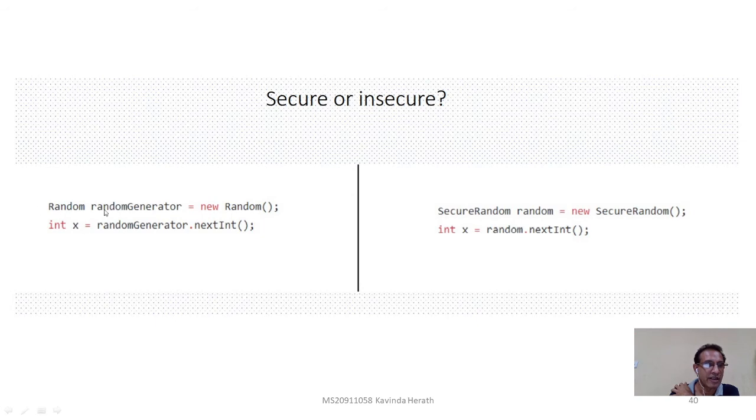In the next comparison, there is a random generator and a new random. Here the plain random is the vulnerable code, because it should be a secure random. It has been used for a long time without security considerations, but now we should use a secure random.